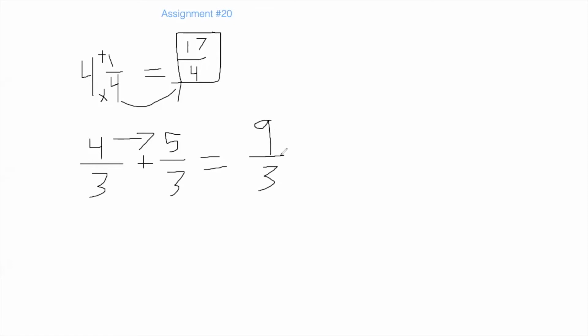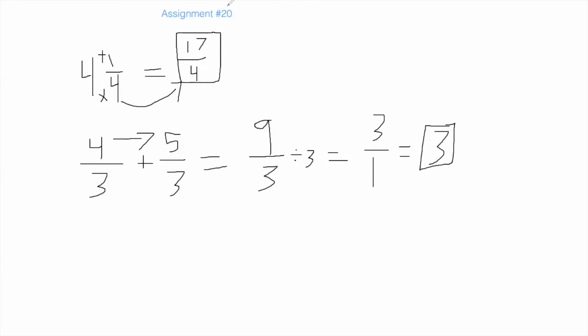And then the only extra step is making sure that you can't simplify this. In this case, you can. You can divide both by 3. So if you divide both by 3, then it'll be 3/1, which is the same thing as saying 3. So that would be your answer for this question right here.